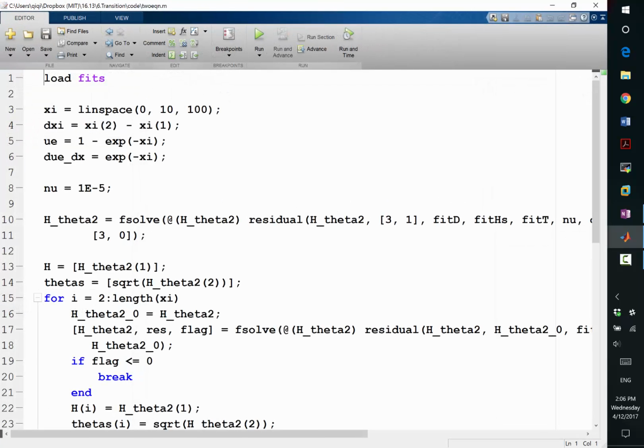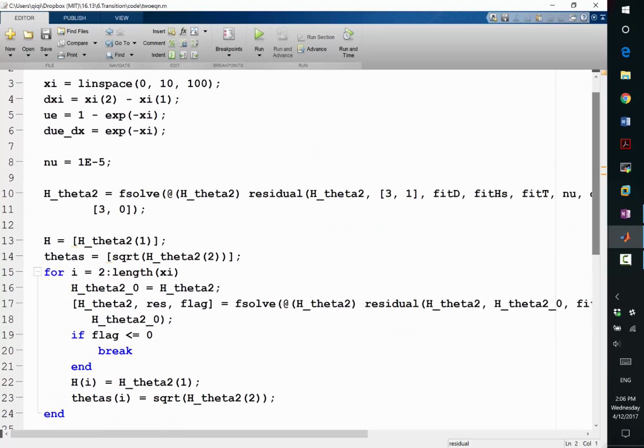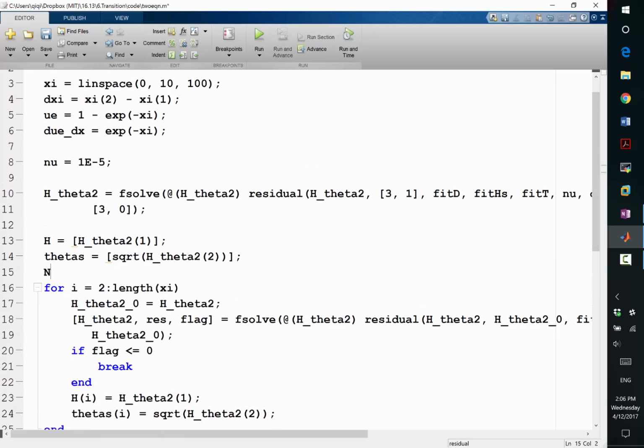Okay, so for example, this is the same function we wrote to integrate the non-interactive boundary layer equation using two equations. This is the smallest code that gives us both h and Re theta, right? So in this code, we can initialize the n to be 0, right?